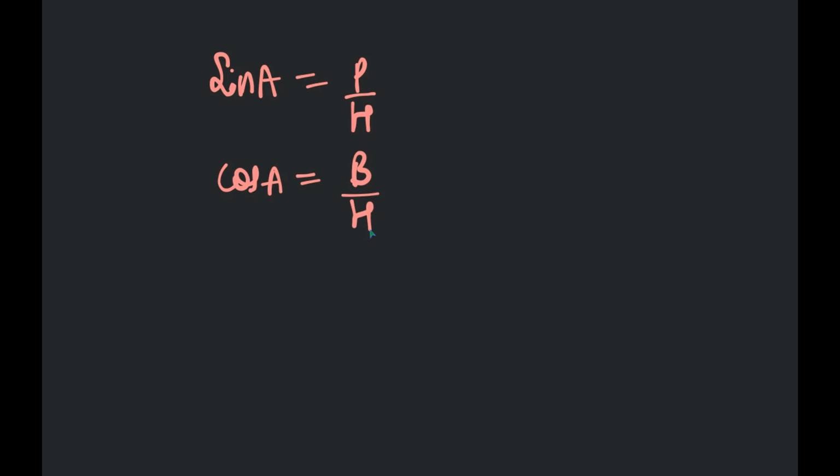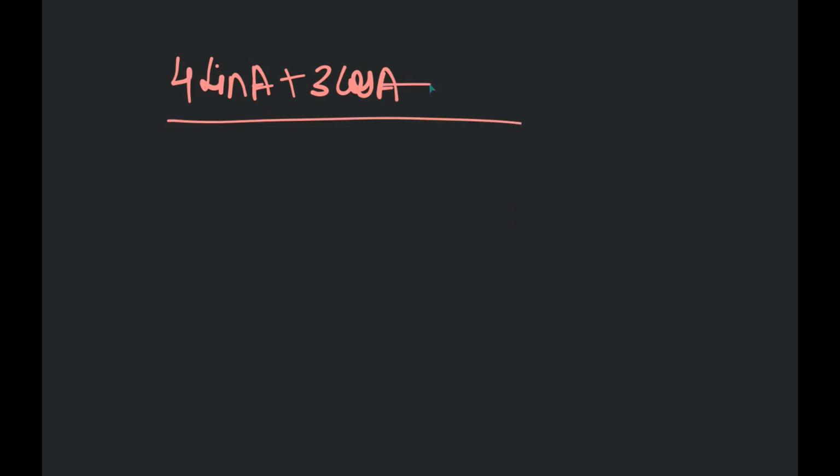So what is perpendicular here? 3 upon root 13. And what is base here? 2 upon root 13. Now substitute the values. That is (4 sin A plus 3 cos A) divided by (4 sin A minus 3 cos A).